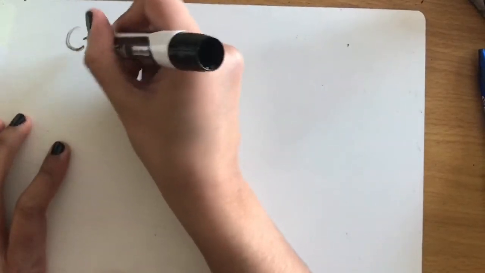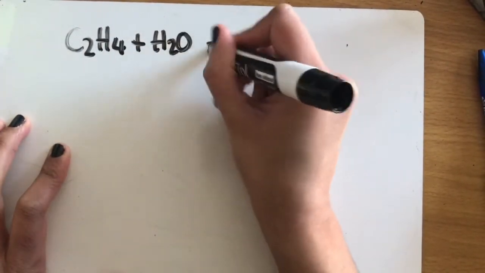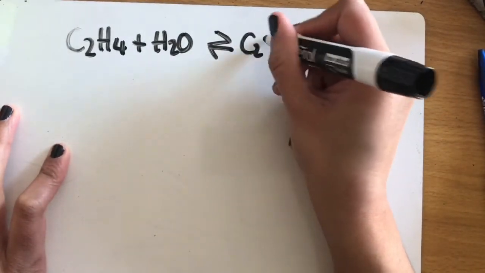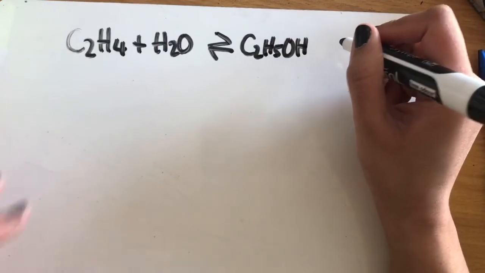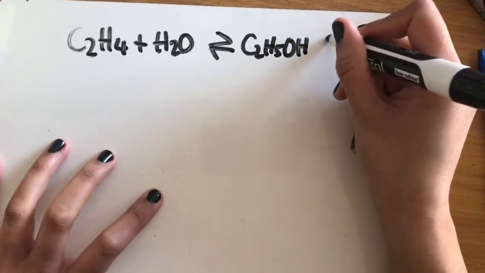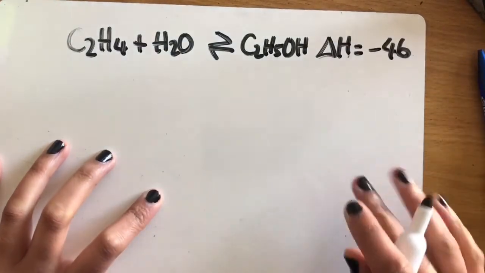Okay, so the next question, question 4, is a multiple choice question. So we've got C2H4 plus H2O produces C2H5OH. So this is the production of ethanol by direct hydration. So this has an enthalpy change of minus 46 kilojoules per mole.